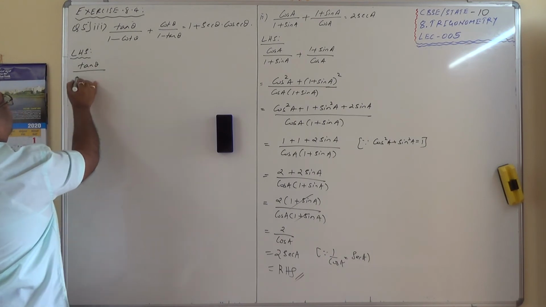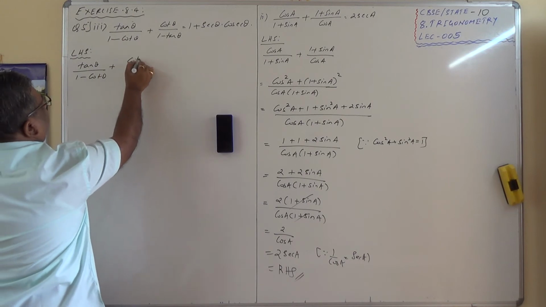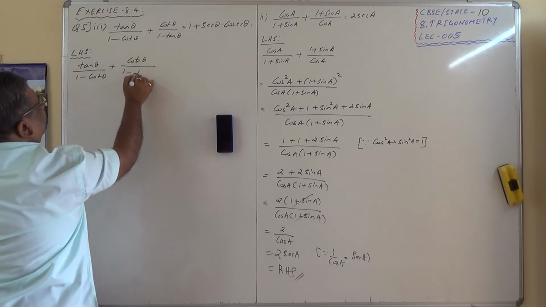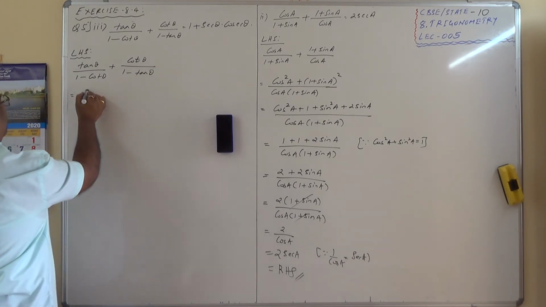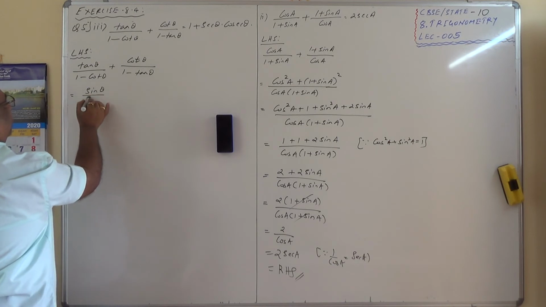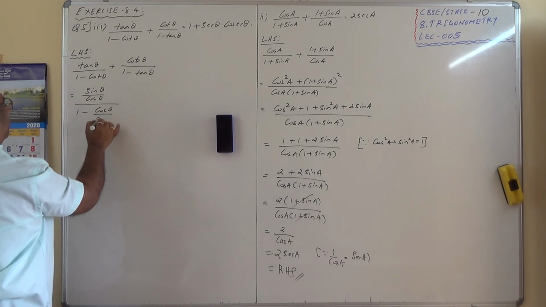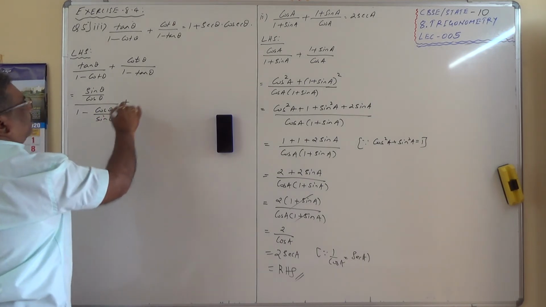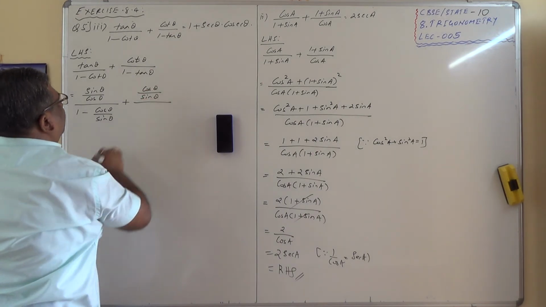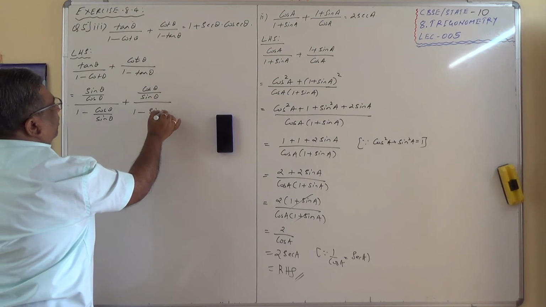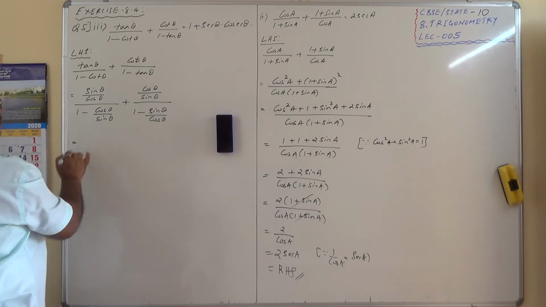Tan theta by 1 minus cot theta plus cot theta by 1 minus tan theta equals sin theta by cos theta, divided by 1 minus cos theta by sin theta, plus cos theta by sin theta, the whole divided by 1 minus sin theta by cos theta, converting into sin cos ratios.